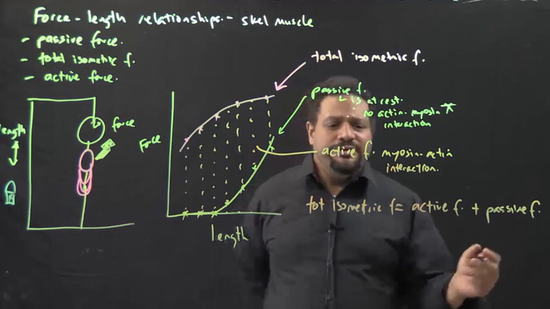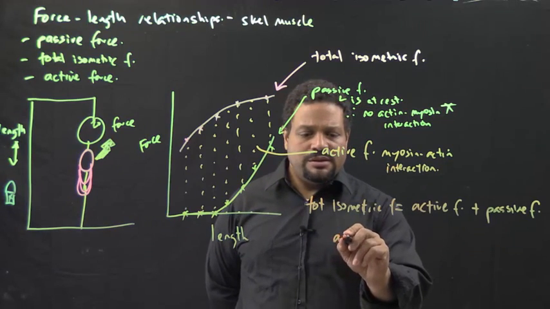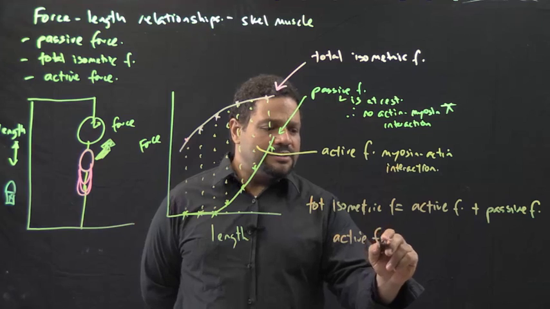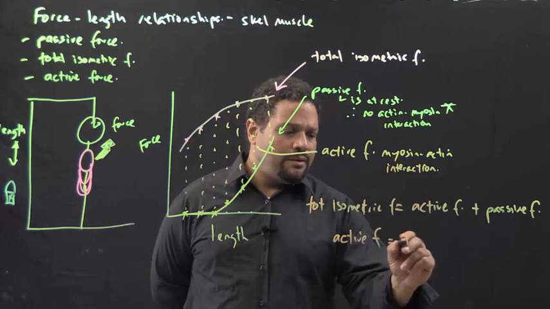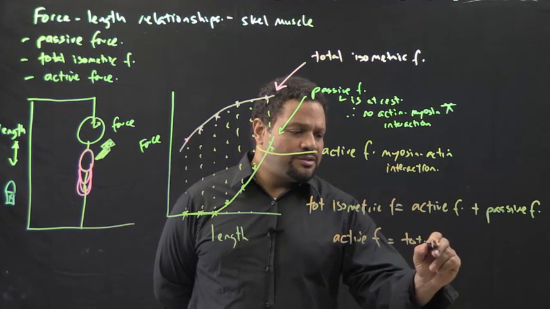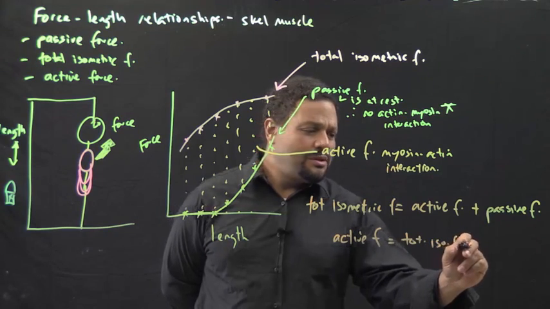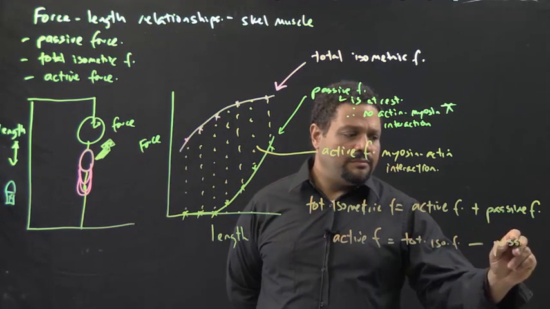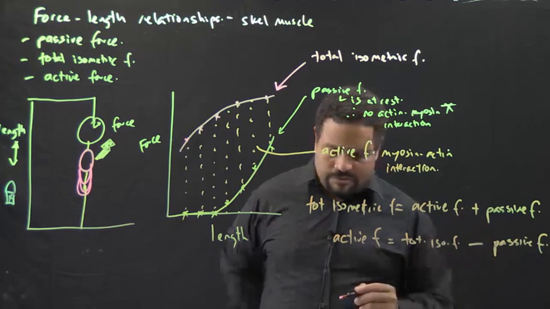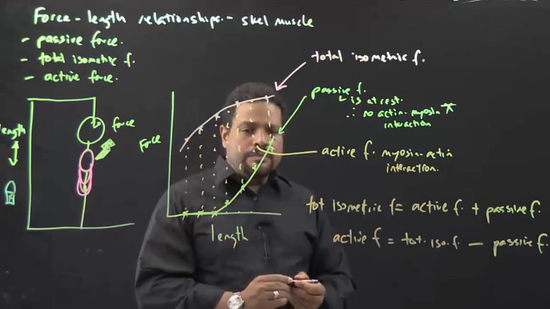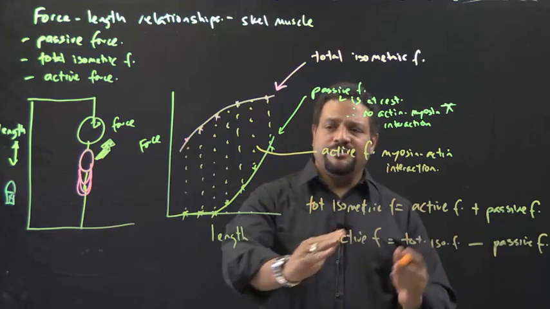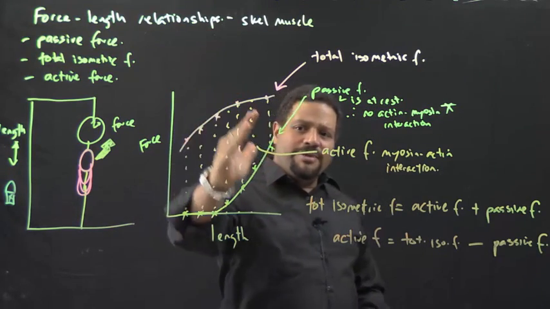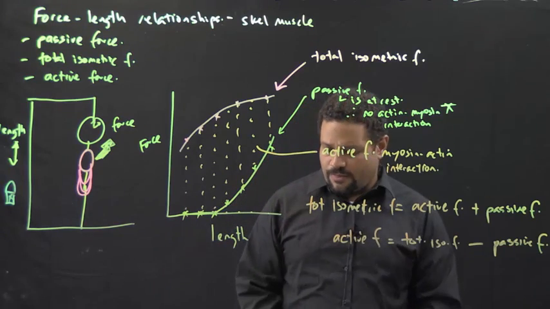That can be rearranged such that active force is equal to total isometric force minus passive force. So that active force is this total isometric force minus the passive force.